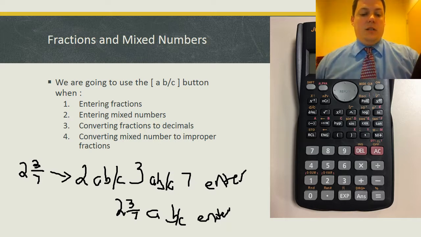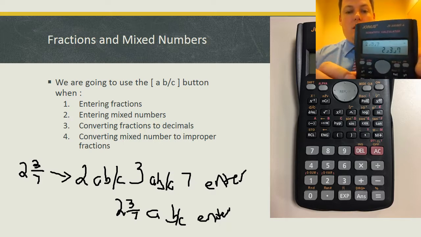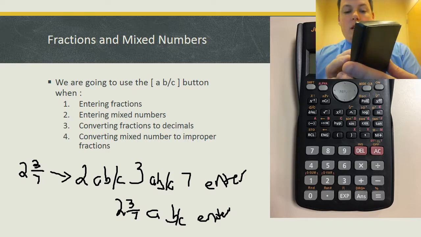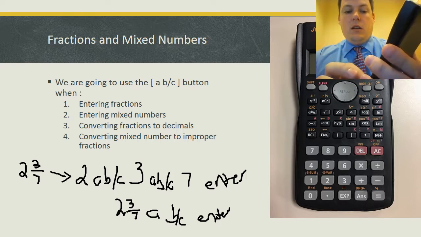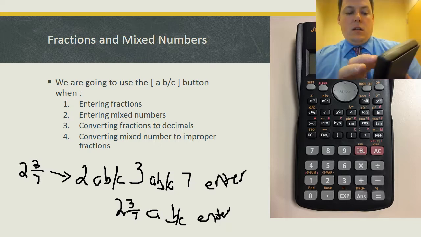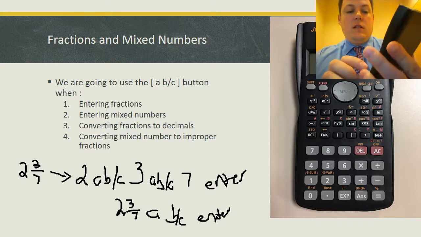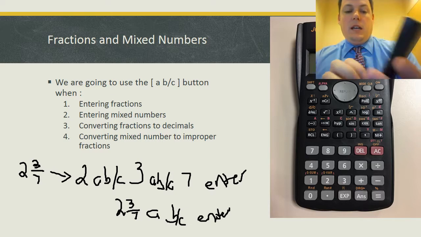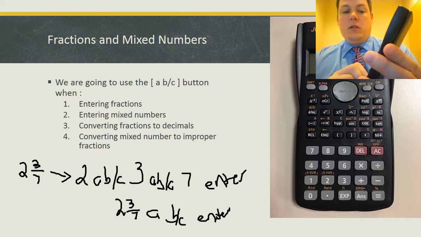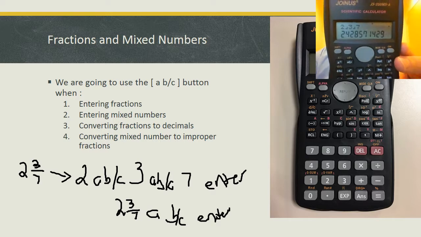Once you hit enter, you'll see that it comes up like this. It'll show up, that's 2 3/7. If you hit ABC again, you get the decimal, which is 2.43.